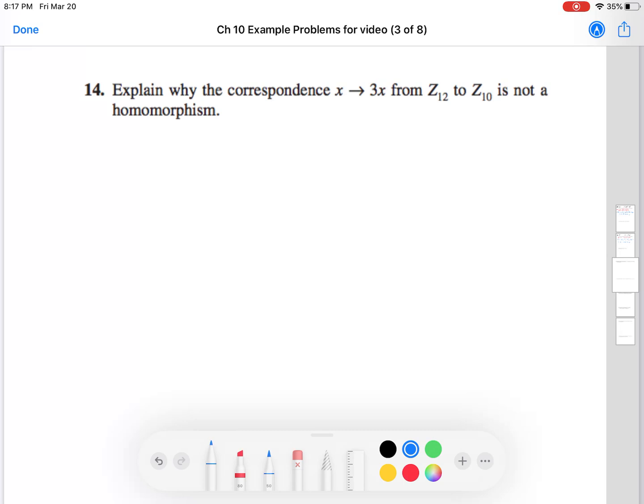And that was a homomorphism, but now when we're mapping x to 3x, going from Z12 to Z10, this is not a homomorphism. And if we're asked to explain why, well, we have to show that the operations are not preserved.